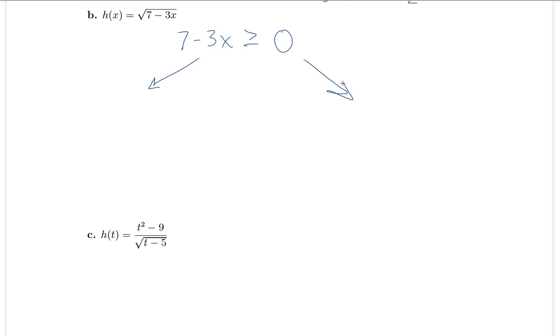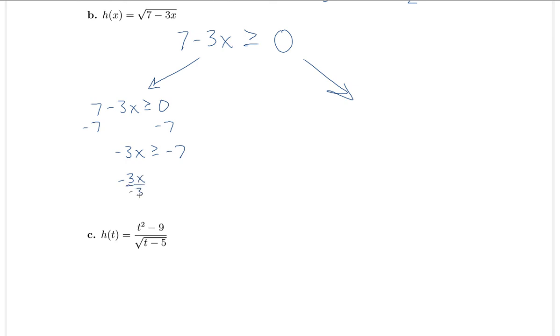Okay. One natural way to go about it would be to subtract 7 from both sides. Okay, and then, of course, you got to divide by -3, right?